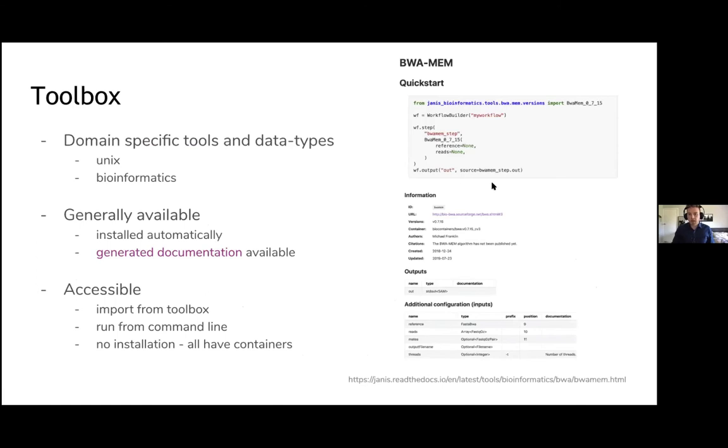The example on the right, which is BWA-MEM, a common bioinformatics aligner, once the tool is wrapped and generated and provided into the repository, this documentation is immediately generated. And it gives you quick start guides on how you might want to use it in Janis. Because they're generally available, installed automatically, you can import them into your workflows. You can directly run them from the command line. And because all of the tools have containers, you don't need to install any software to use it, except for Docker.